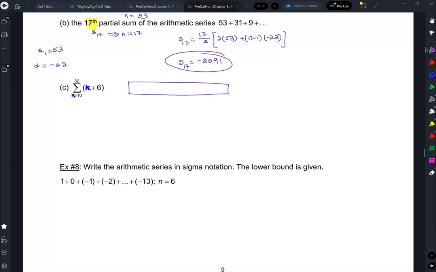This is telling you to add the numbers starting from the 10th to the 32nd. Add these numbers, right? That's what this is telling you to do. So starting with a sub 10 to a sub 32.